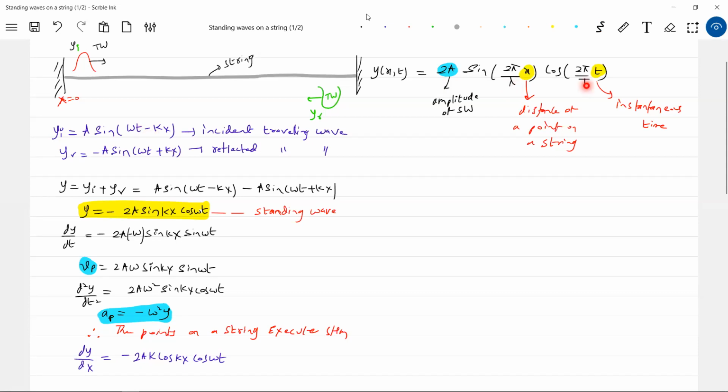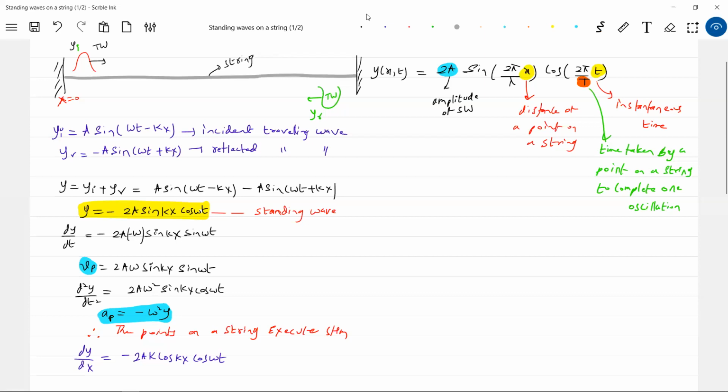And T is the time taken by a point on a rope to complete one oscillation. Okay, fine. So there's a standing wave equation like this we have defined.